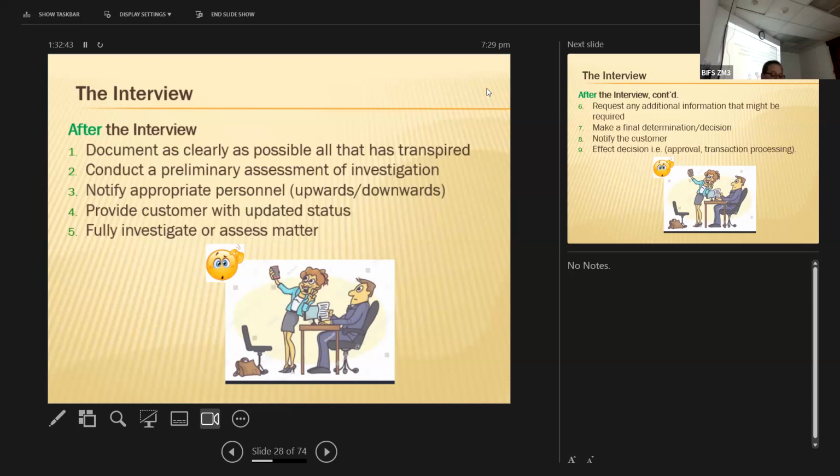If it's a loan application, you want to conduct a preliminary assessment, an investigation. So if you need to check some sources, like a credit bureau, you do that. They may have provided you with their job letter, and you may want to call the HR department and confirm it: I have this letter from Glenn Nottage, he says he works for you.